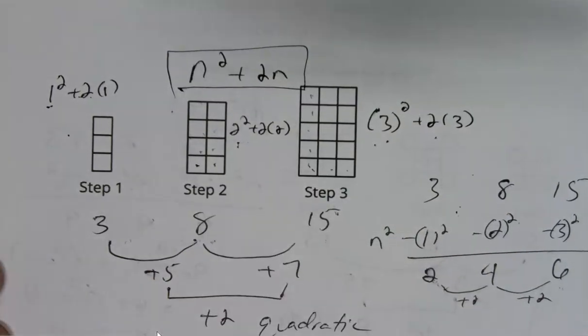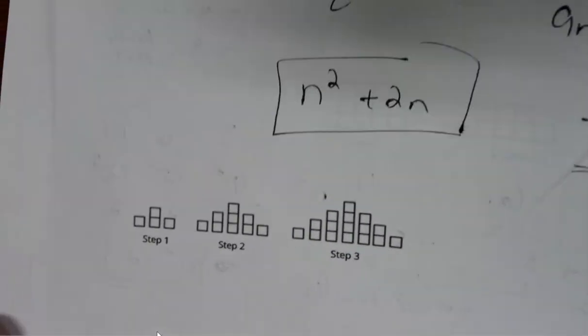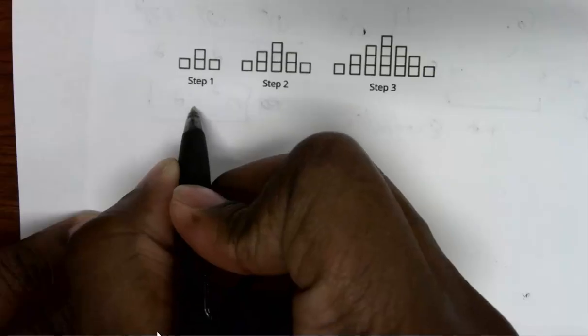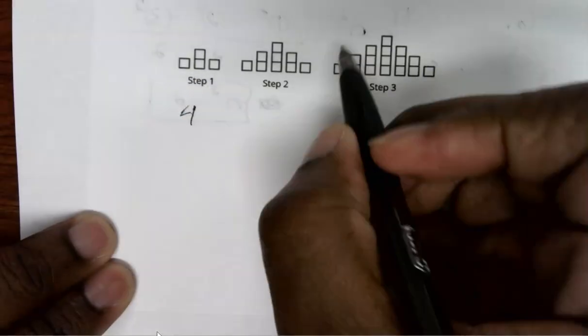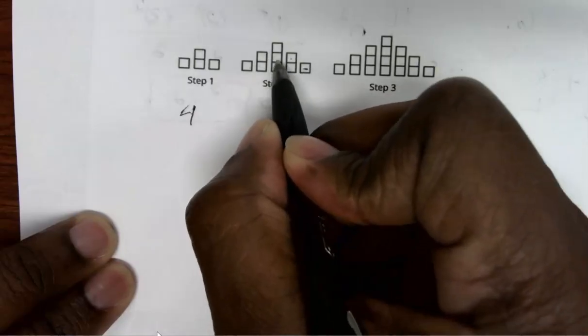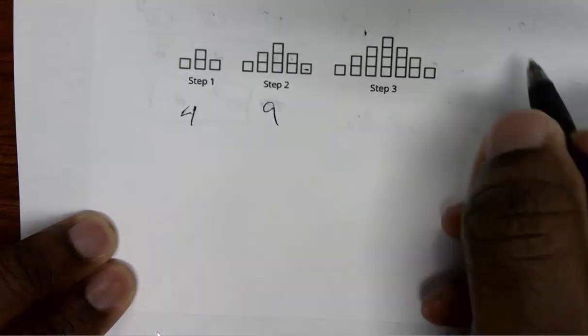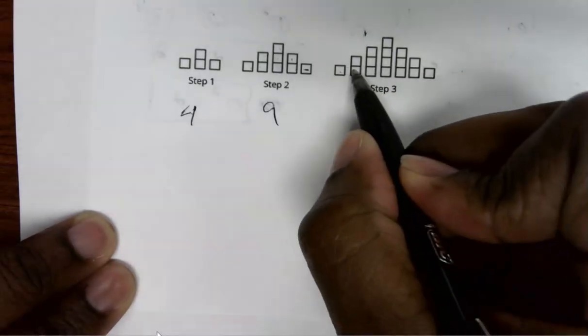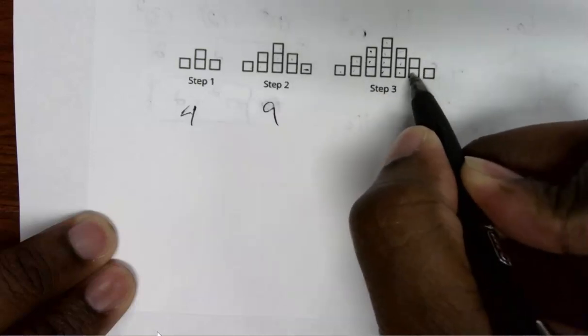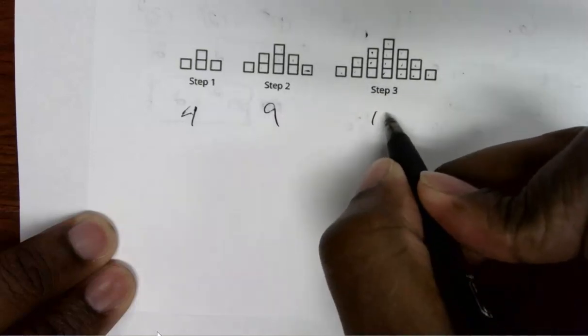All right, I'll give you another one. Looking at this, the first stage, or first step, we have 4 squares. The next step we have 9 squares. The next one we have 16 squares.